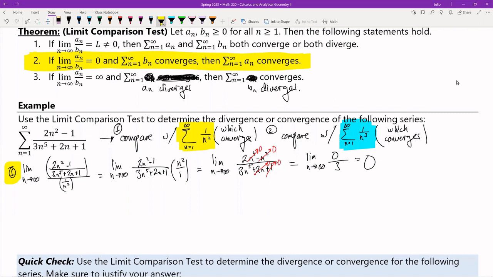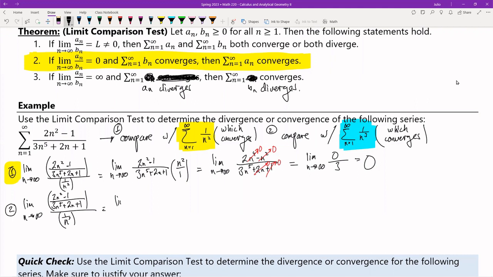Okay? So now let's do number 2. Number 2 is the limit. I'm going to start it the same way. N goes to infinity of 2n squared minus 1 divided by 3n to the 5th plus 2n plus 1 divided by 1 over n cubed, right?